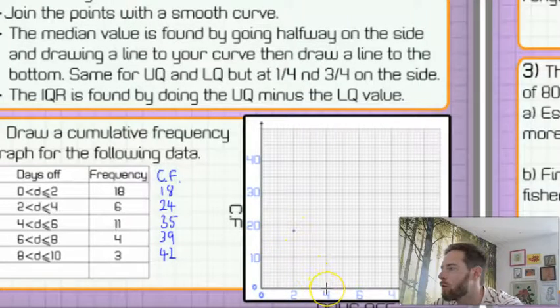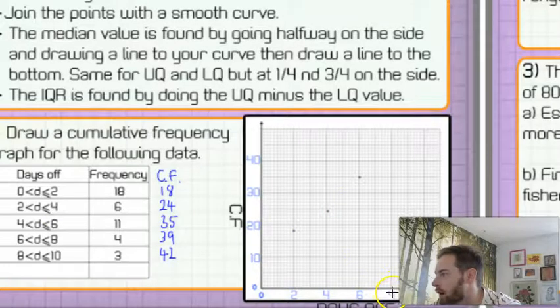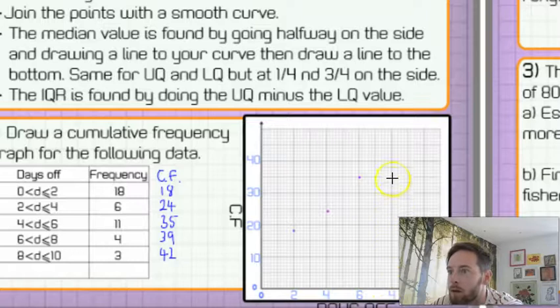Then I'm going to go to 4 because that's the next highest class width, so 4 at 24, plot that up there. Then I'm going to go 6 at 35, then 8 at 39. This says 4 on here, that's a mistake, that should say 8. So 8 goes up to 39, and then 10 needs to be plotted at 42, so we just go past there like that, right?